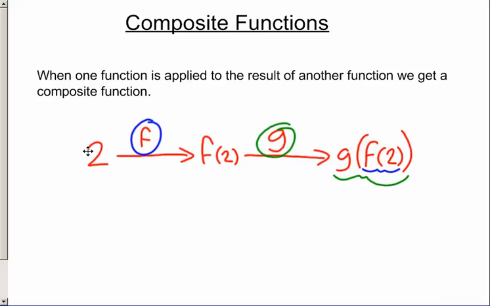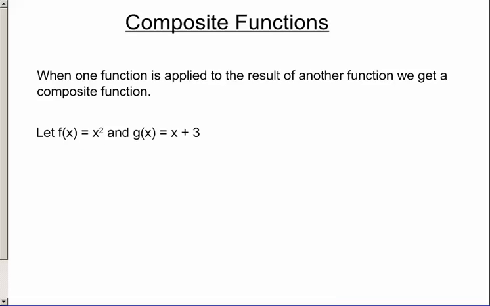So let's look at a specific example where f of x is x squared and g of x is x plus 3. And we're going to look at 2 again. So first of all, we're going to take 2 and we're going to put it into f. And when we do that, we get a response of 4, because we get 2 squared.